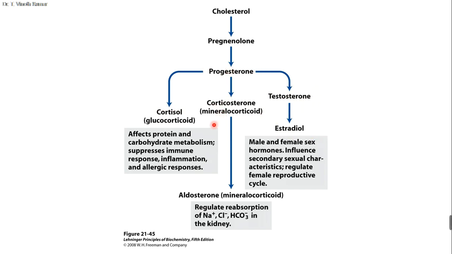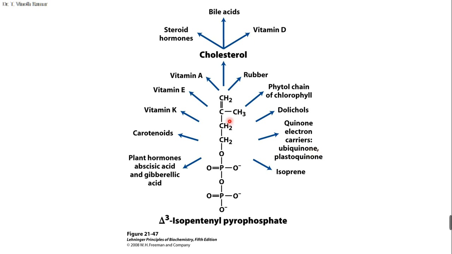Corticosteroids and mineralocorticoids are involved in the regulation of cellular metabolism, and aldosterone regulates resorption of sodium, potassium, and chloride ions in the kidney. The glucocorticoid affects protein and carbohydrate metabolism and suppresses immune response, inflammation, and allergic responses. Estradiol and the sex hormones influence secondary sexual characteristics and regulate the female reproductive cycle. So that's all about the fates of cholesterol.